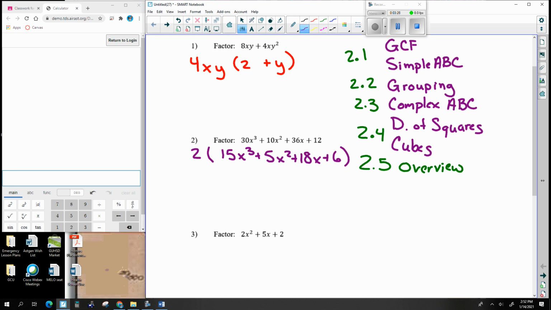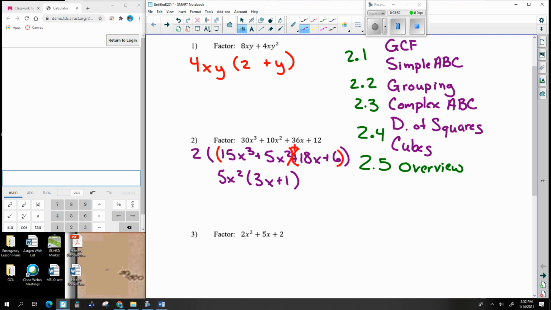Now this is grouping. If I group up the first 2 and group up the last 2, what I can take out of the first group is a 5 and an x squared. That leaves a 3x and a 1.